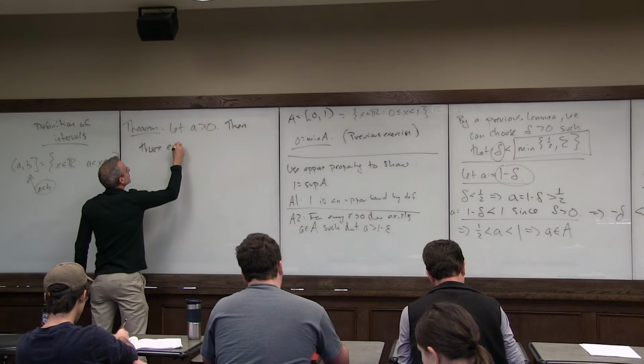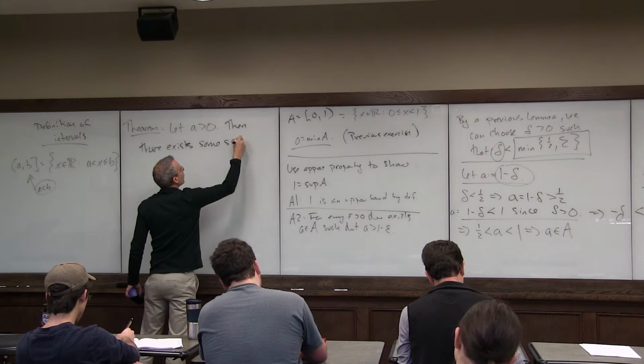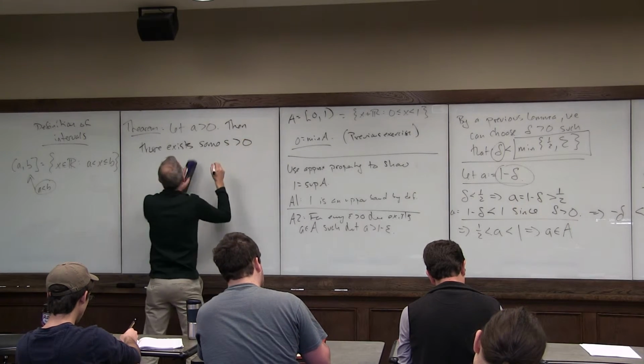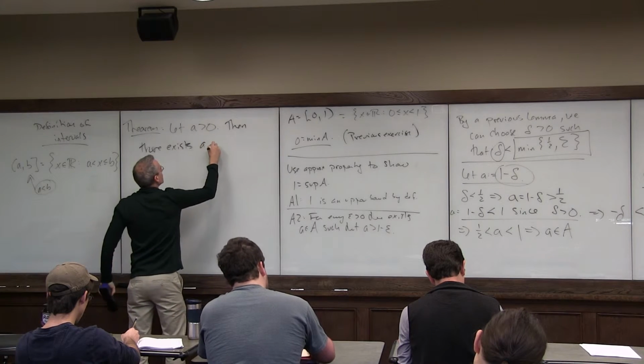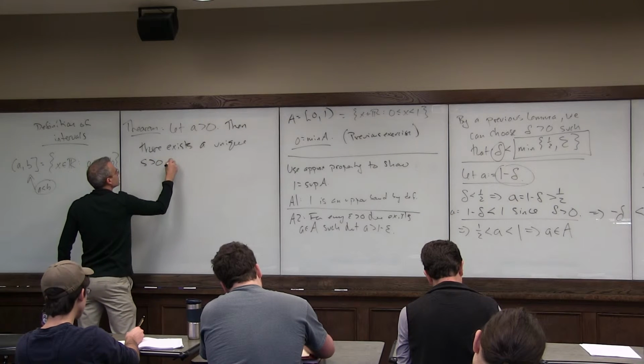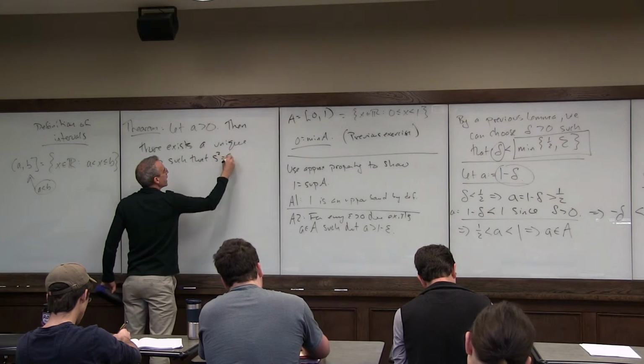There exists some S, an element of R. Let's just make it positive at the beginning, S bigger than 0. In fact, I want it unique. A unique S bigger than 0 such that S squared equals A.